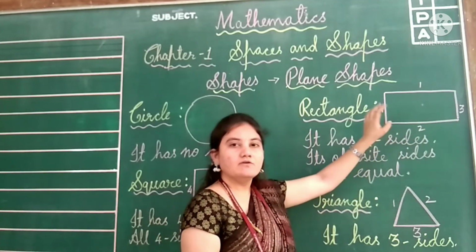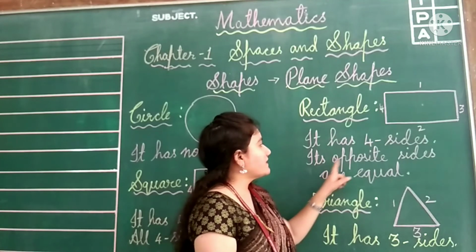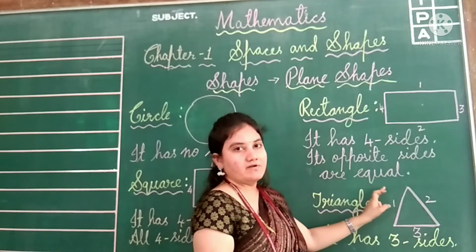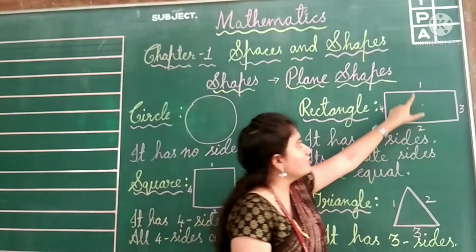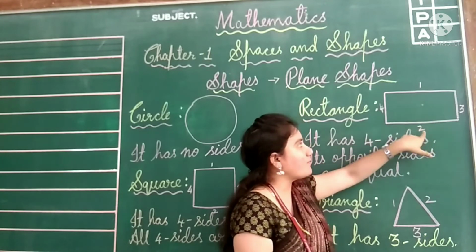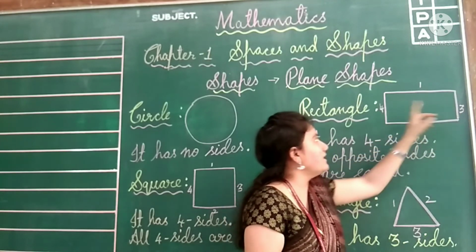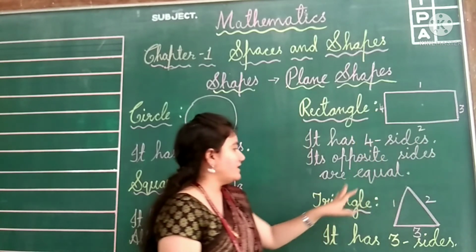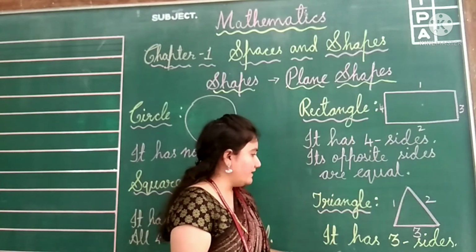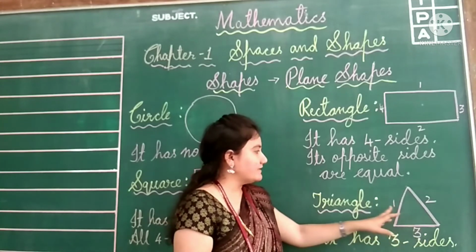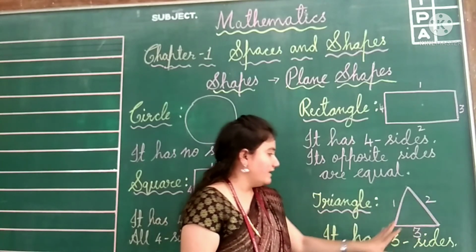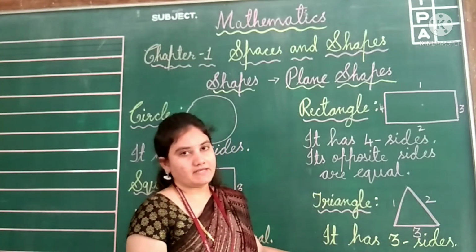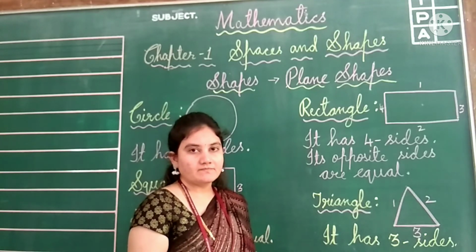It also has 4 sides. Its opposite sides are equal. But see here, opposite sides 1, 2. These two opposites are equal, and 3, 4. These two opposites are equal here. Next, triangle. It has 3 sides. You can see 1, 2, 3. Triangle has 3 sides. Got it, children?